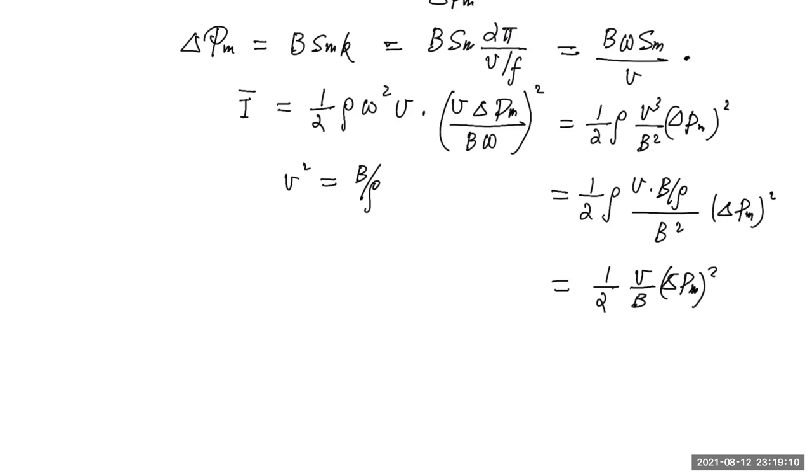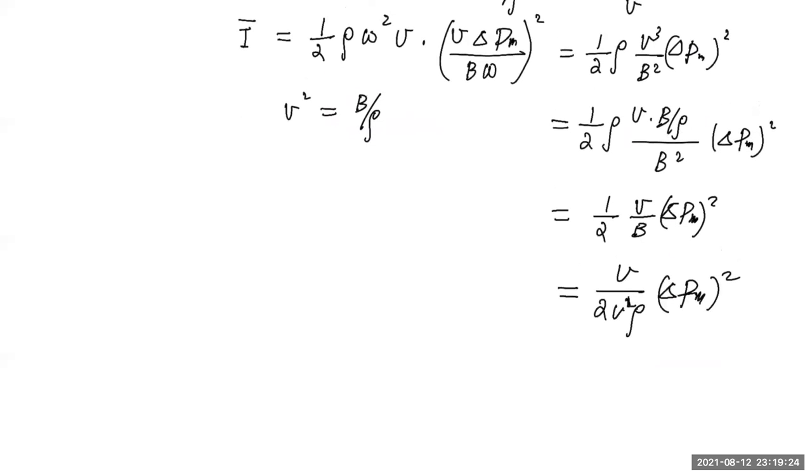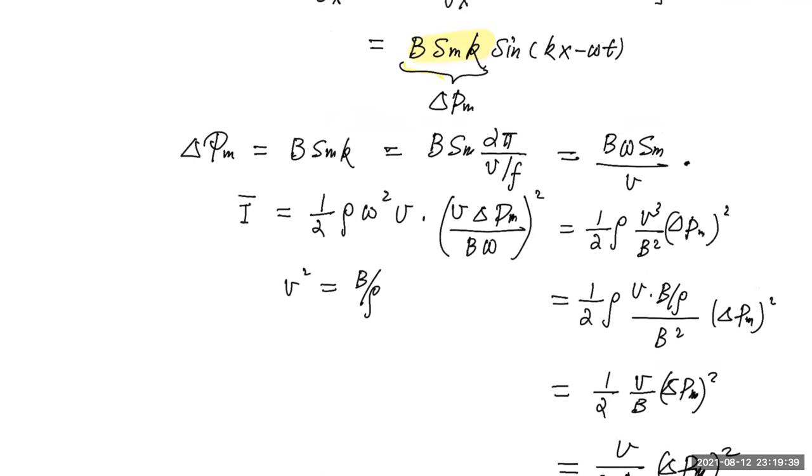So rewrite B as V squared times rho, so you get V over 2 V squared times rho, and then delta P maximum squared. You cross out the power of V, and you get an alternative expression for the average intensity as delta P maximum squared over 2 rho V. You can find this expression in the textbook as well.